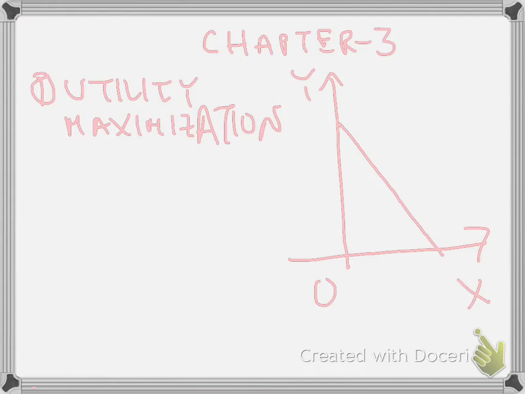Now what we do is that we superimpose some kind of utility representation on this budget constraint. So we usually talk about these functions which we call indifference curves that capture the level of utility a consumer can get by consuming different bundles of goods.